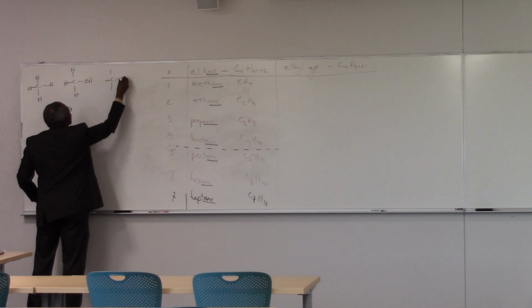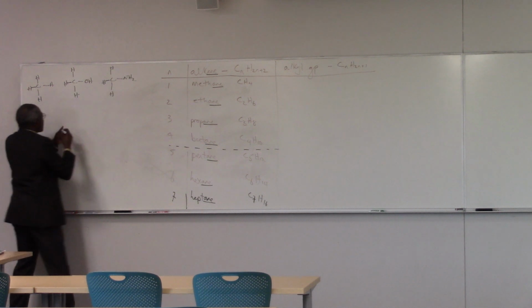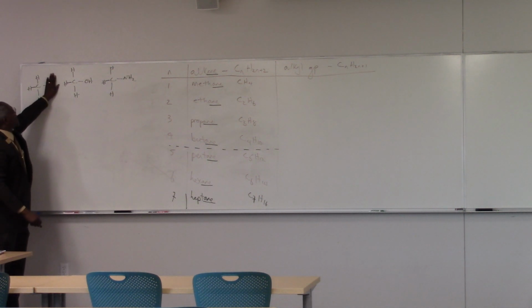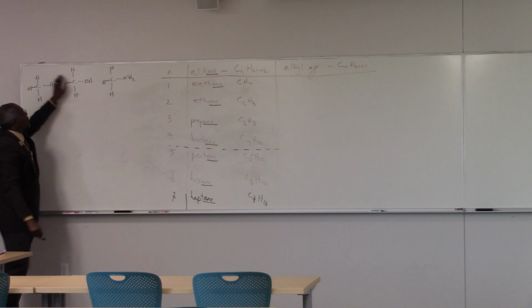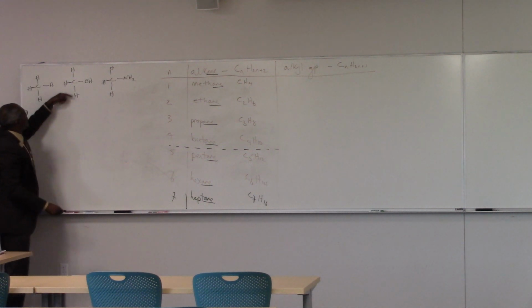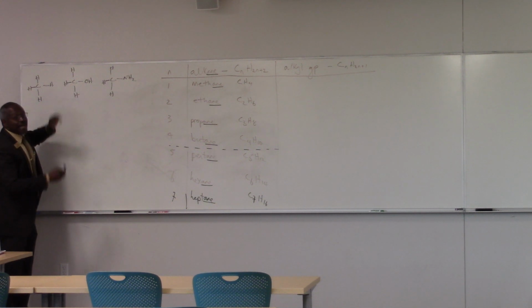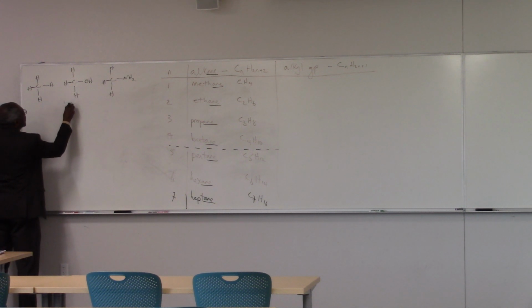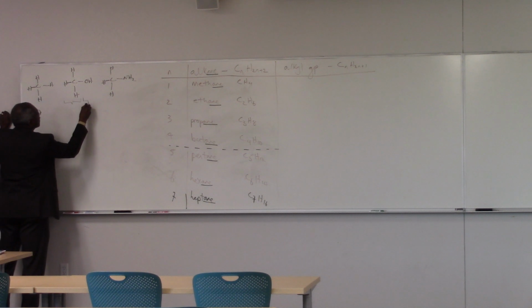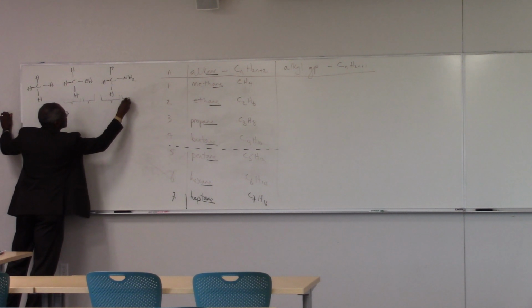I could have this organic compound, which is an amine. Essentially all I did is replace the H of methane by some functional group. But that leaves behind the CH3 unit. So this is my organic compound, this is my alkyl group, and that's my functional group.